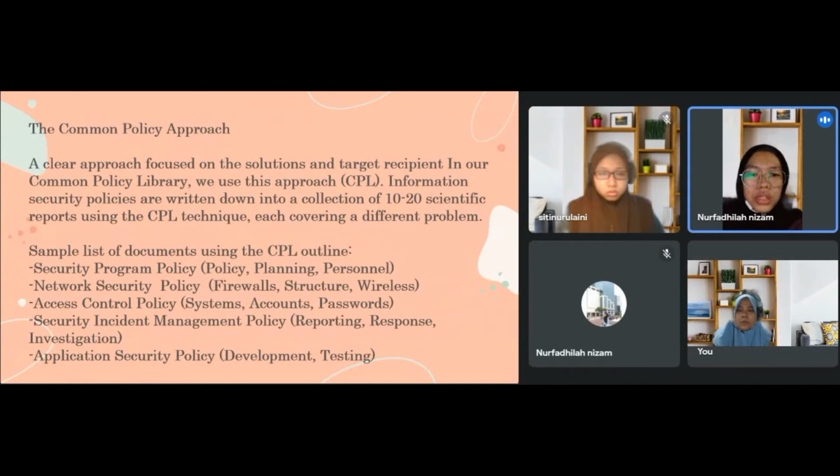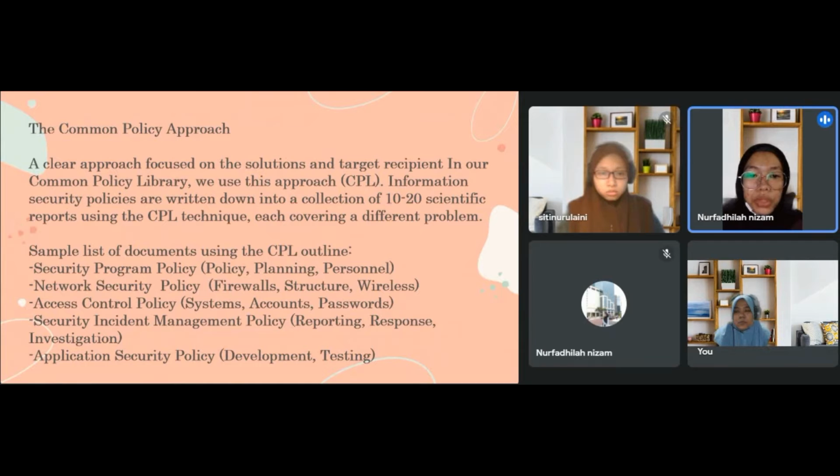The common policy approach. A clear approach focuses on a solution and target recipient in our common policy library. We use this approach, CPL. Information security policies are written down into a collection of 10 to 20 scientific reports using the CPL technique. Each covers a different problem.